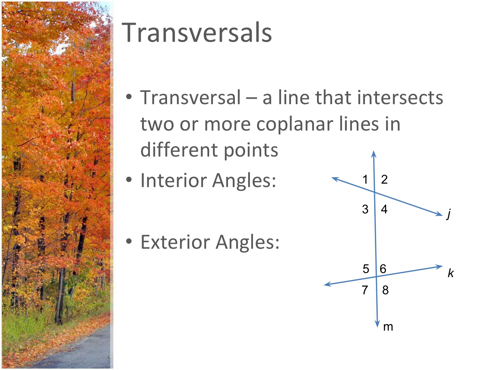Read the definition again and tell me which of those three lines is my transversal. Is it M? Why? Because it goes between K and J. Good. It intersects J and K. So M is my transversal.